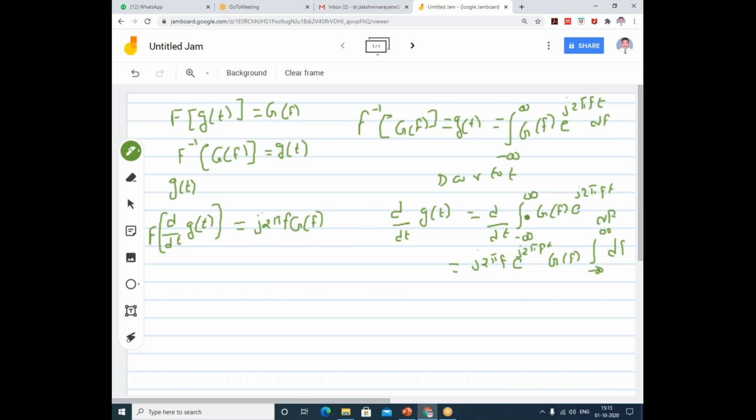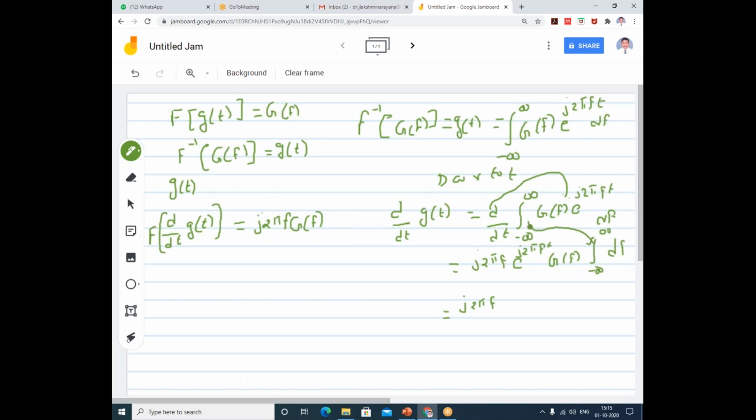Now please try to understand. For the time being, I'm keeping this aside and I'm applying this differentiation to these two terms. Then I'm going to write it like this. Now you readjust this. When you readjust this, I'm taking j 2 pi f outside. You know why I have written j 2 pi?